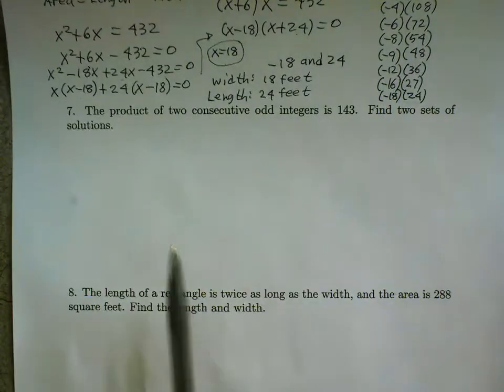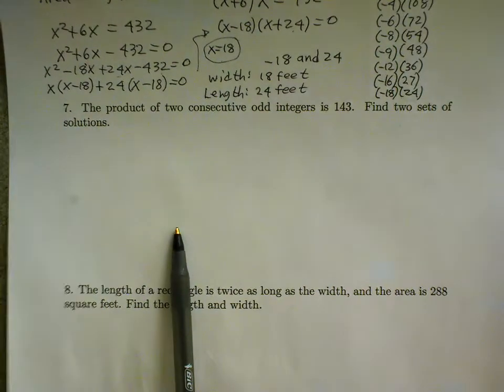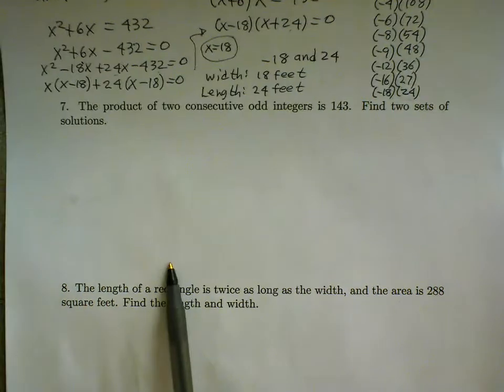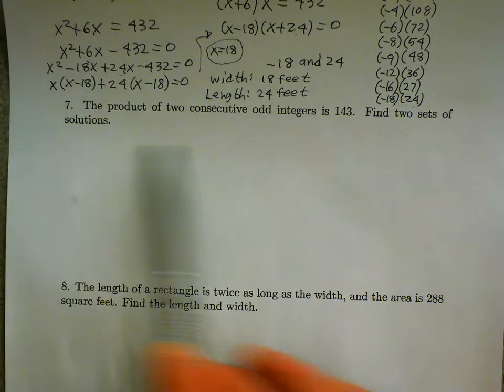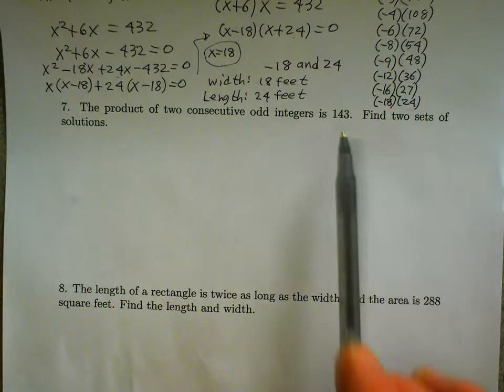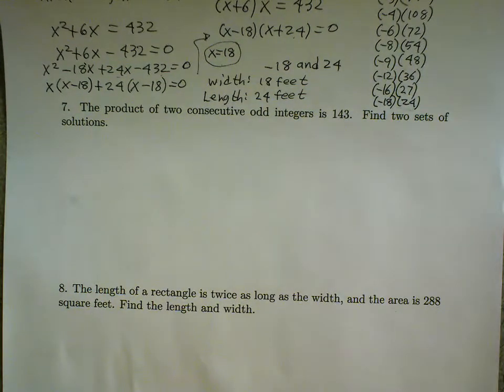Okay, let's set up the next problem. We're almost out of time, but we can set up this problem. The product of two consecutive odd integers is 143. Find two sets of solutions.